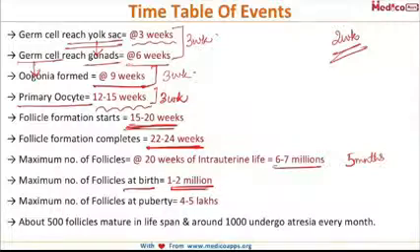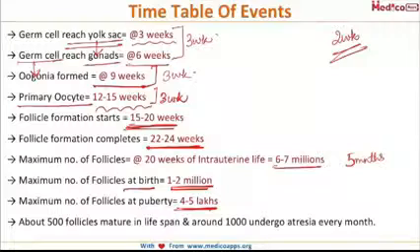At birth, I repeat again, there are 2 million follicles. They keep on degenerating so that by puberty, only 4 to 5 lakhs of these follicles are left. And in the entire lifetime of a female, around 400 to 500 of these follicles mature and the rest degenerate.